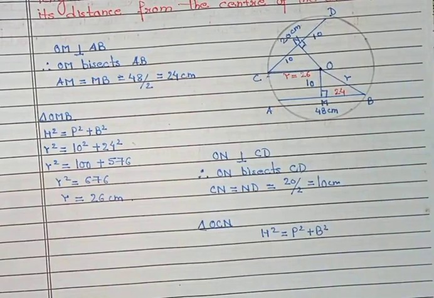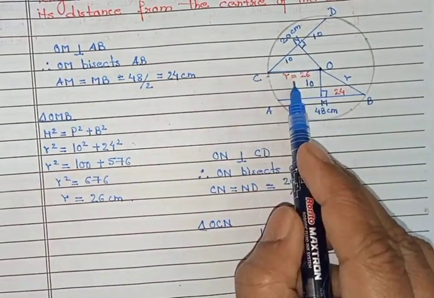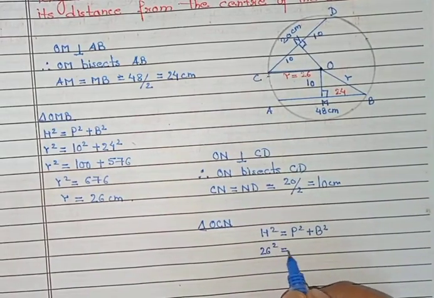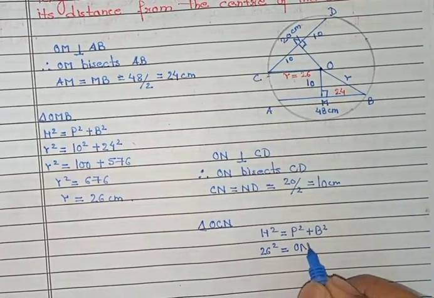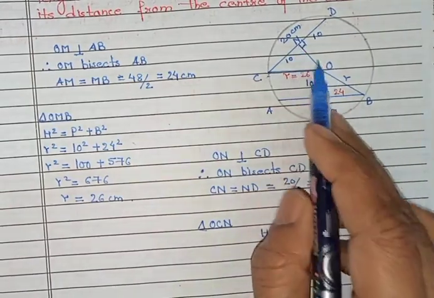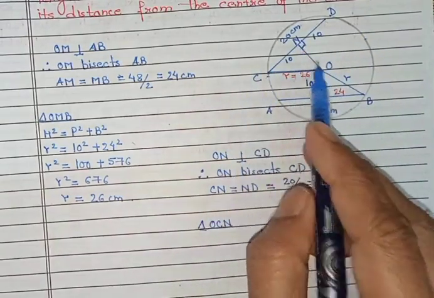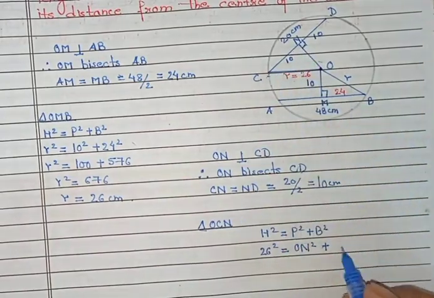So in this right angle triangle, this radius is acting as hypotenuse. Perpendicular is ON. Here perpendicular ON means distance of the chord, and the question says you have to find the distance of the chord. Base will be 10.